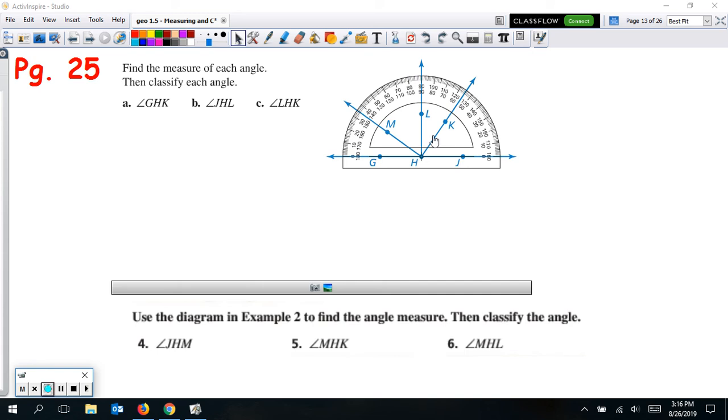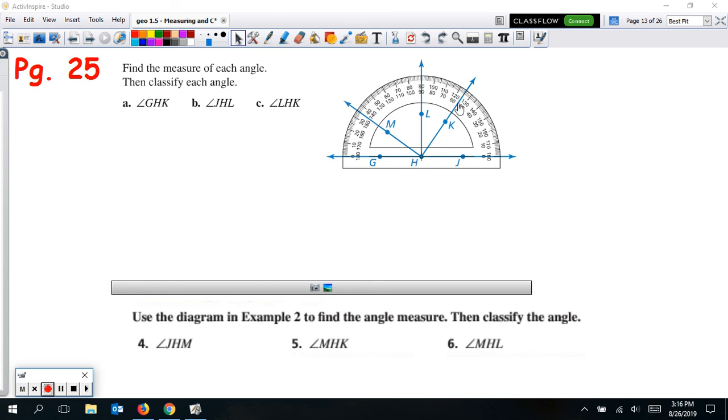So for letter A, G, H, K, it says to find the measure and then classify the angle, which would be one of those 4 words that we just looked at. So we're looking at G, H, and K. So that's this angle right here. Now this one, G, starts at 0. So really we can just look at our outside numbers and go all the way along until we get to K, where the ray HK is, and see where that is.